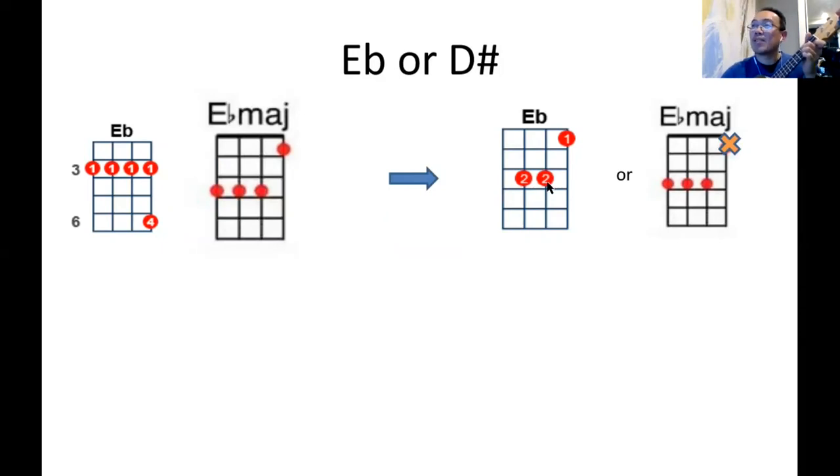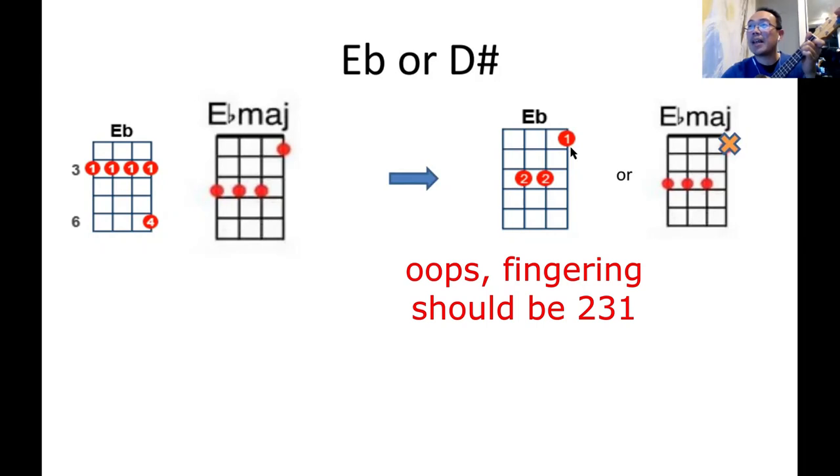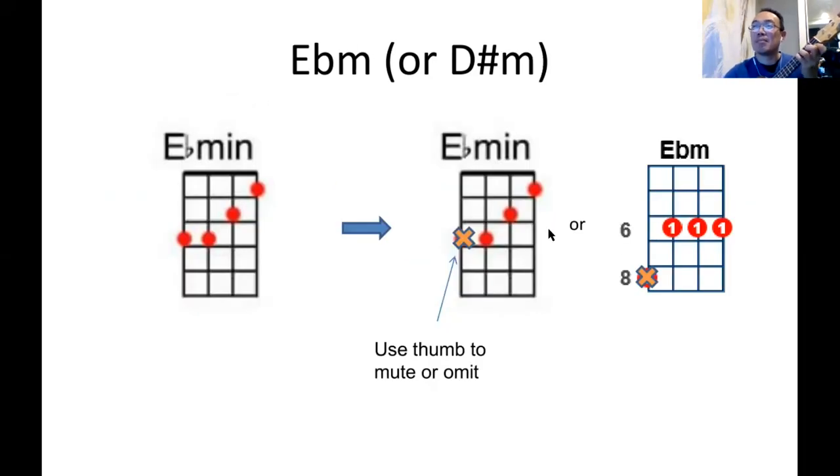I gotta get my fingerings right. This should be 2, 3, and 1. 2, 3, and 1, and then E flat major, E flat minor. Okay, so you either omit that one or you use the bar version on the 6th fret.